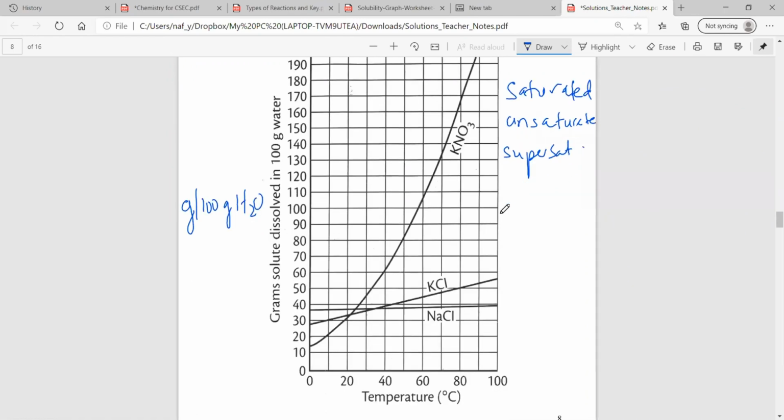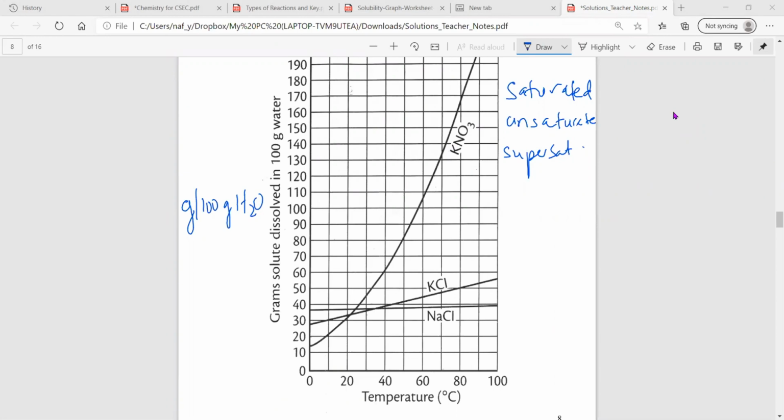So a saturated solution has the maximum number of solutes dissolved in it at that specific temperature. My unsaturated solution pretty much is a diluted solution because it does not carry the maximum and so can accommodate more solute.